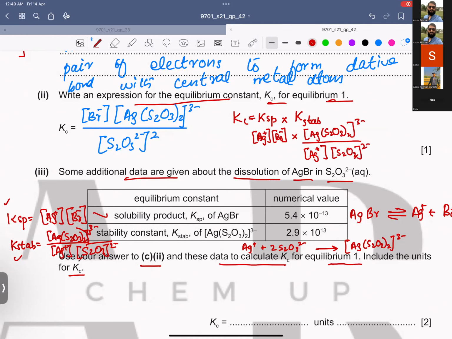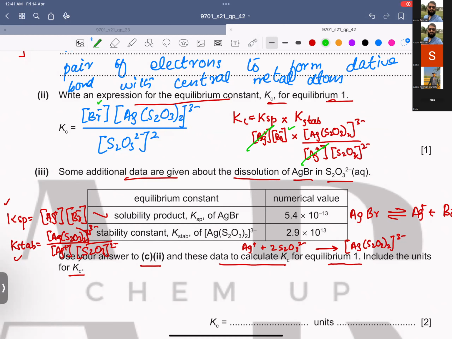So the Ag and this Ag are going to cancel out. Is this clear?